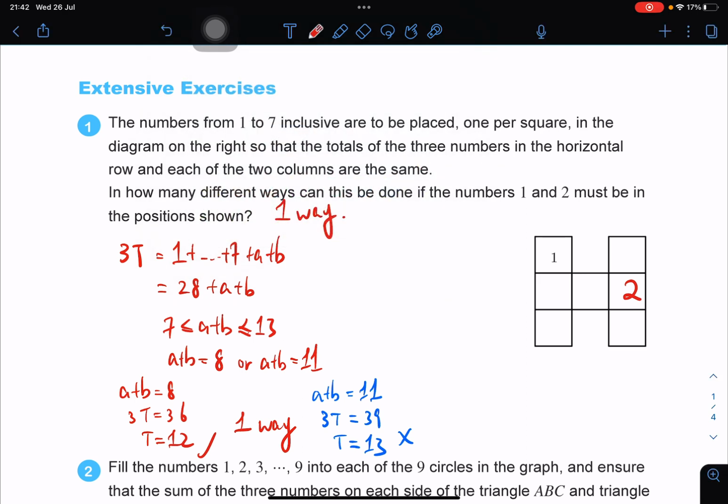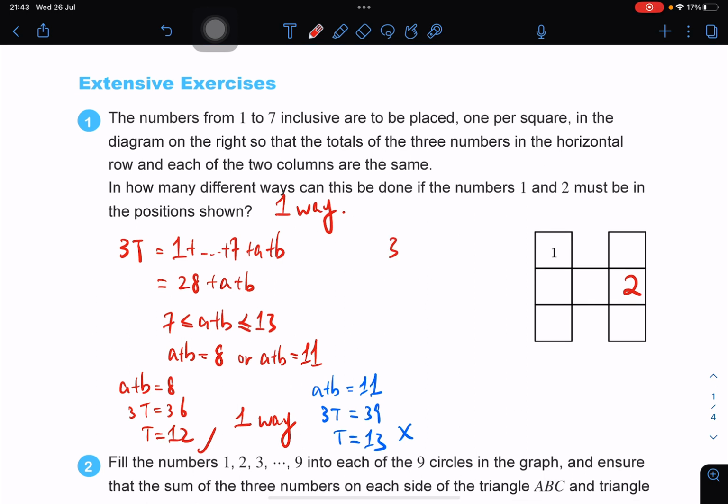Okay, so if that's the case, well, it makes life much easier because I have 2 in one of the intersection points. So it means that 3t is going to be equal to 1 adding all the way to 7, adding 2, adding A, which is going to be 30 adding A. And it means that A is either equal to 3 or A is equal to 6.